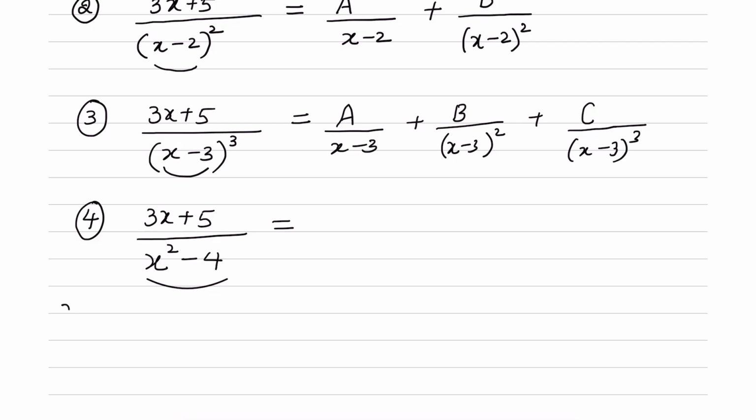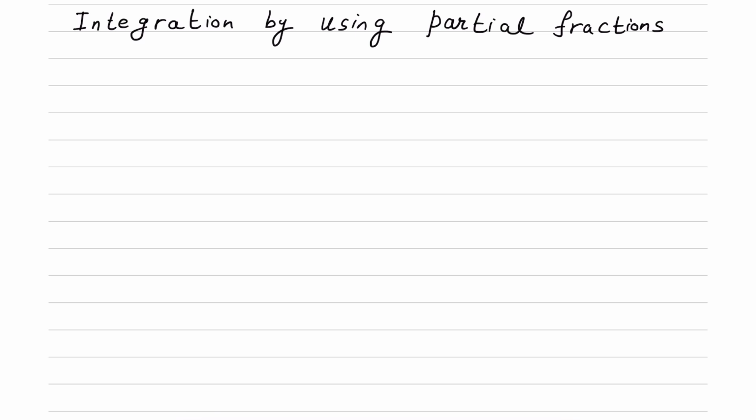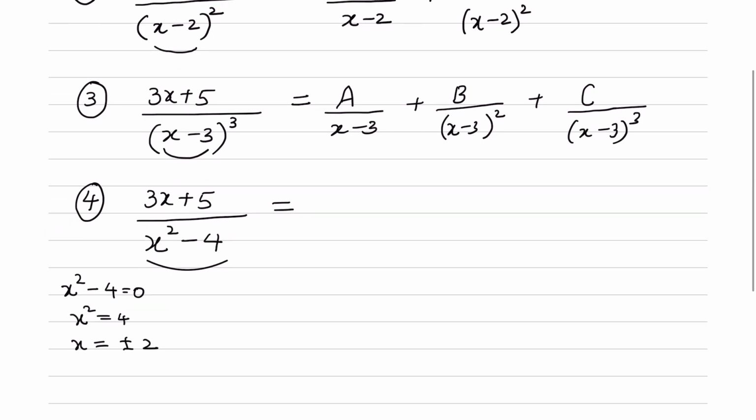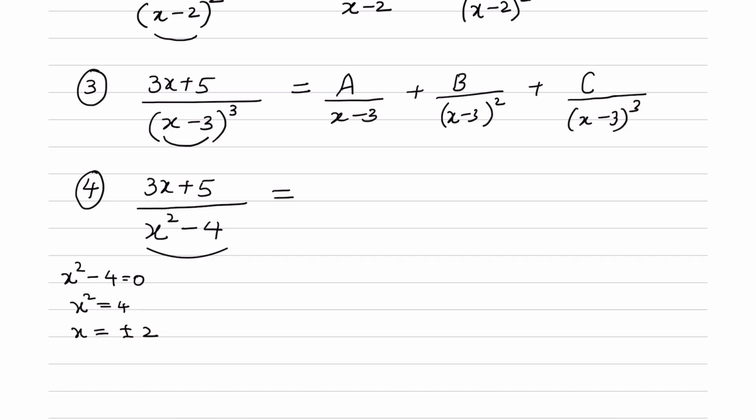To check that, you write x square minus 4 equal to 0. You find the values of x. So x values are plus minus 2. So yes, x square minus 4 could be factorized as (x + 2)(x - 2).